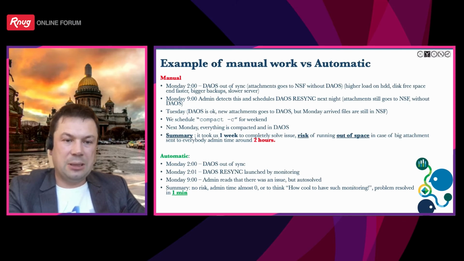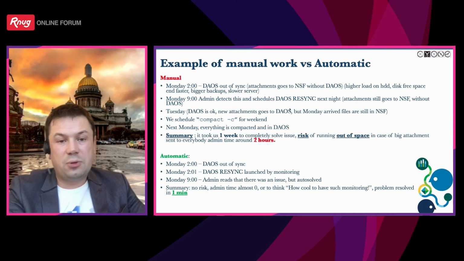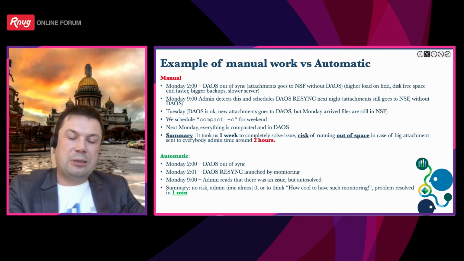This is too much load for the disks and everything slows down. So we go to work in the morning, and that's the way it would be happening if we didn't have any monitoring. So we schedule Compact C for the weekend or for the next day. And additionally, we also plan the DAOs resync for the next night.